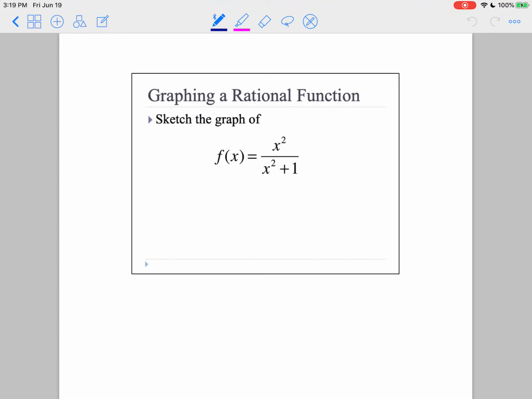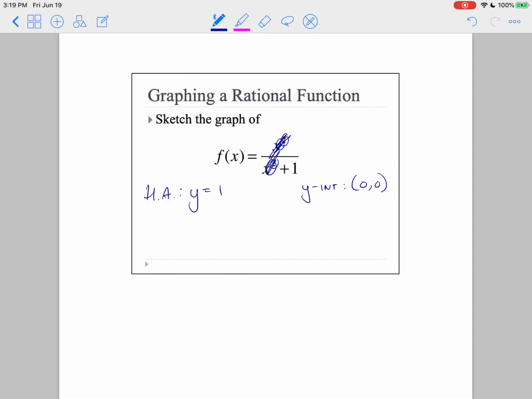So let's go ahead and, again, let's pick off some characteristics. We know that the horizontal asymptote is going to be determined by the leading coefficients. So y equals 1 is the horizontal asymptote again. And it also looks like the y-intercept is 0, because I get 0 divided by 1.